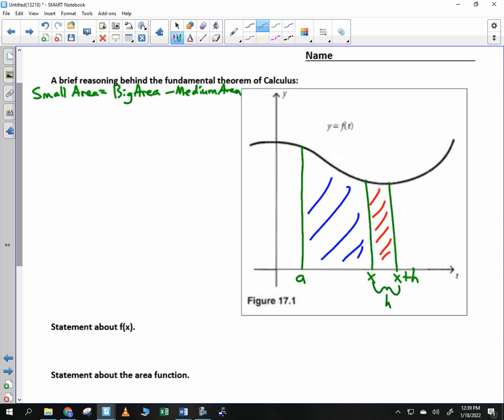Namely, the small area we are going to say is equal to the integral from x to x plus h of f of t dt. That integral symbol is the calculus symbol that we're going to learn what to do with today, but it means the area bounded from x to x plus h.